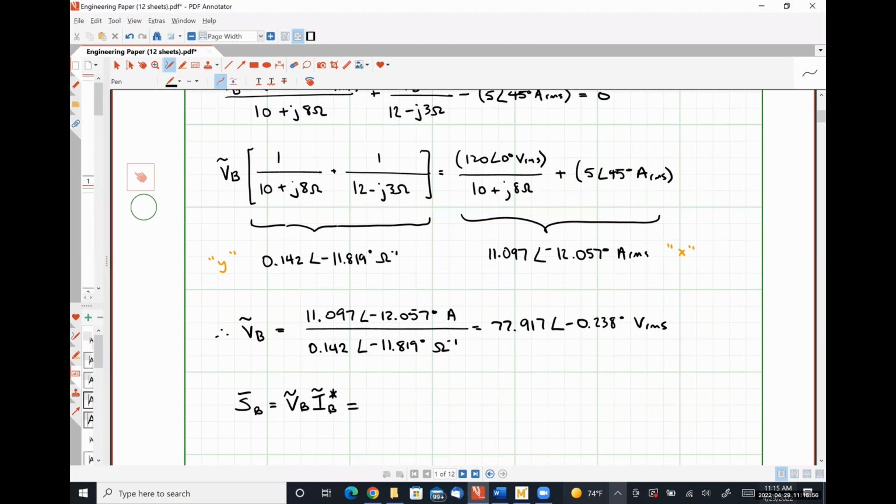And so what this is going to look like is the magnitude of VB squared divided by VB conjugate.